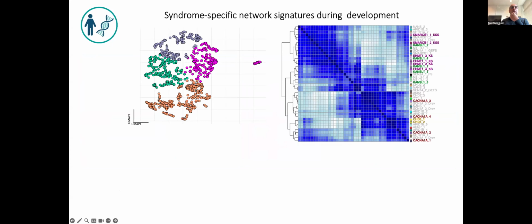where here on the left, every dot is basically a cell line and a patient and a recording. And so what we can do is try to make this very complex data set much simpler.